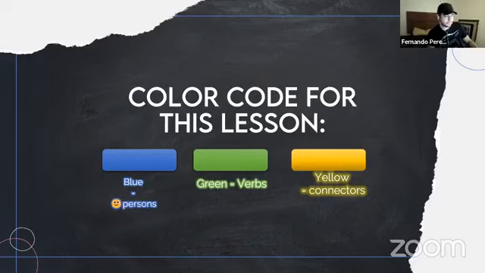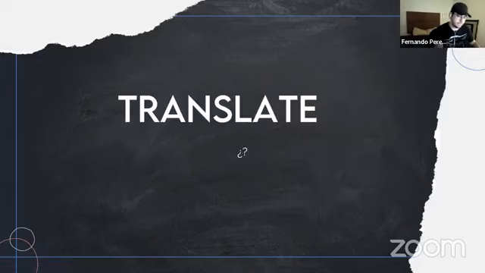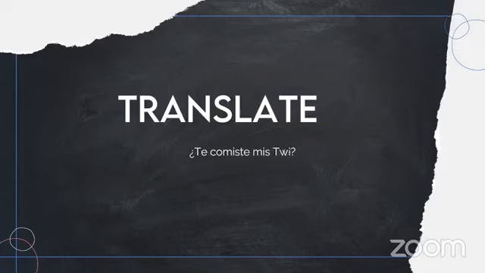Okay? Talking about the situation, let's start with the first question. How do you say in English, "¿te comiste mis chocorroles?" Translate the following idea. "¿Te comiste mis..." Let's make it American, Twinkies. Has been?